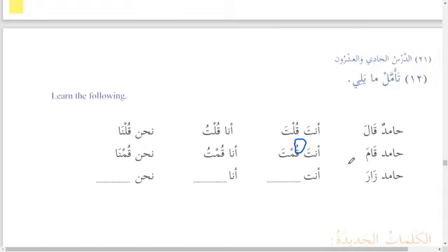Zara is also zara yazuru: anta zurta, ana zurtu, and nahnu zurna. Okay, excellent. So ajwaf and bab nasara, two things we have to remember. When it is ajwaf and it is bab nasara, then it will change into dhamma.